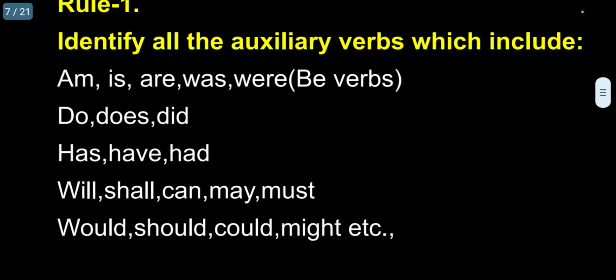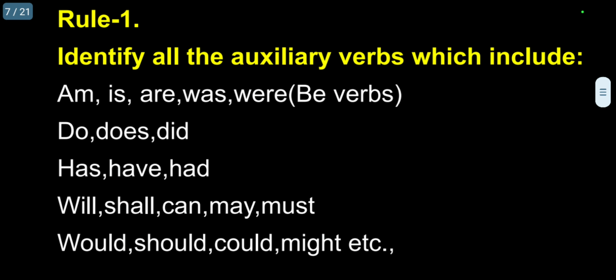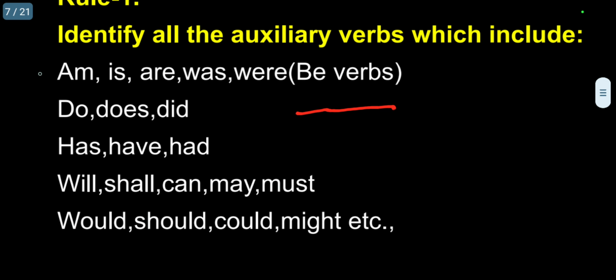Number 1, the be verbs. They are be verbs: am, is, are, was, were. Am, is, are are present tense, was and were are past tense.